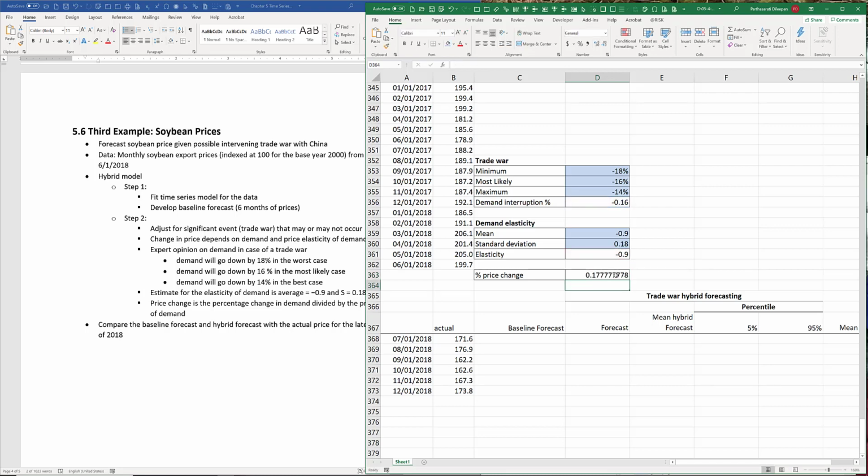This is the percentage by which the price will go down if the demand goes down by that percentage. So let's make that into a percent. Now we are ready to simulate. We have to fit the baseline simulation, and we'll use this percentage change to get the adjusted forecast, and then we will do some computations with that.